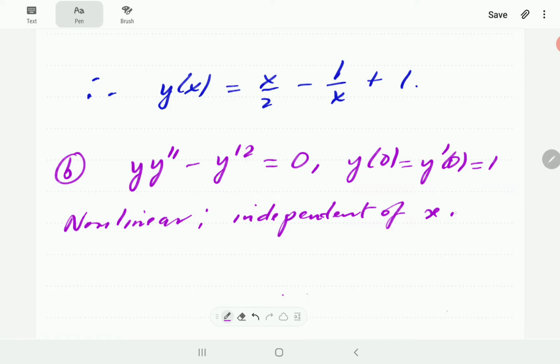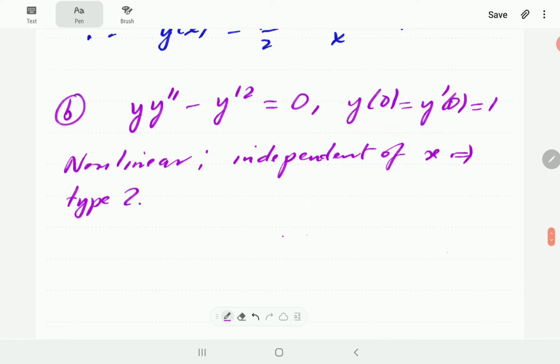So that means we have got a type 2 ODE. So we're going to make the substitution v equal to y prime. Then y double prime is going to be v dv dy.